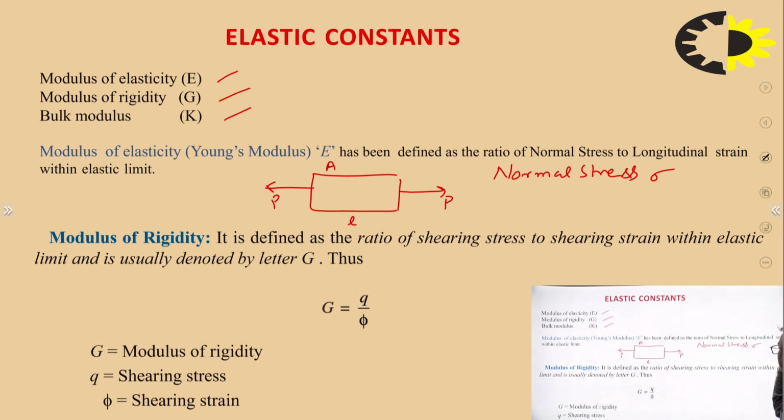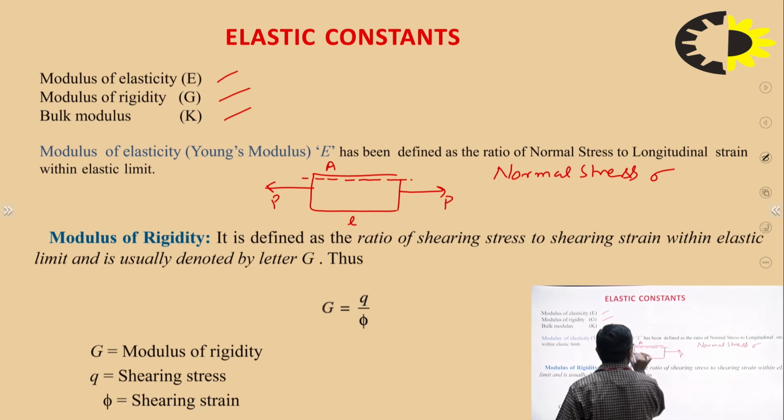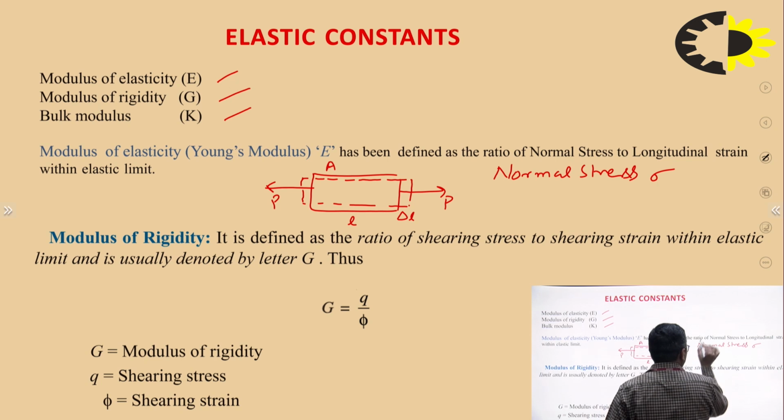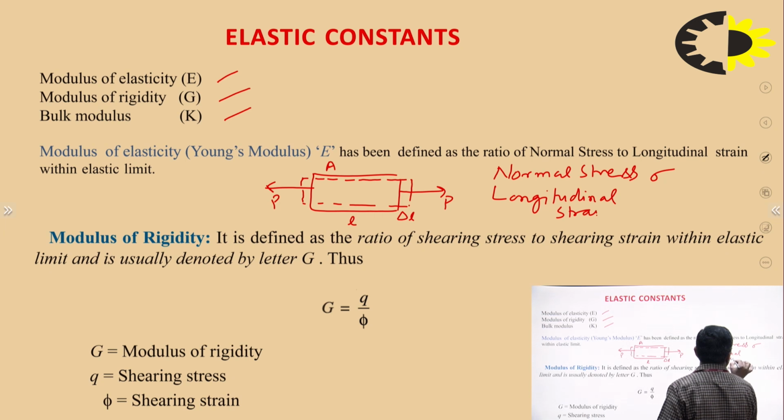Because of this deforming force, there is a possibility of change in length in the direction of force applied, along the length. So the strain will be known as longitudinal strain.